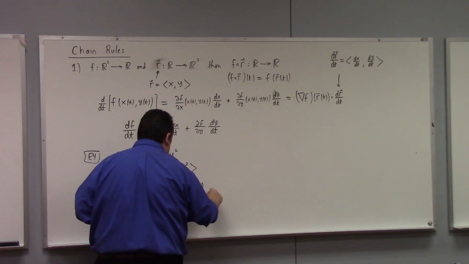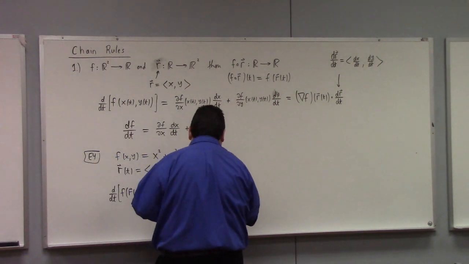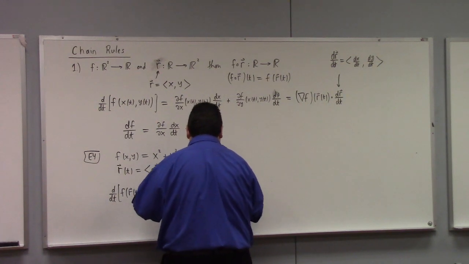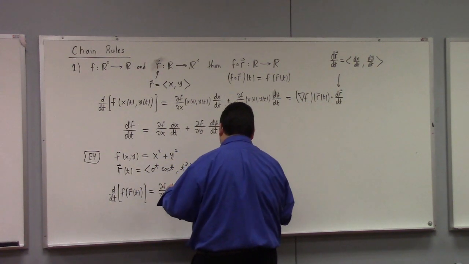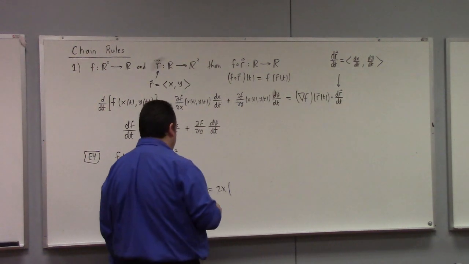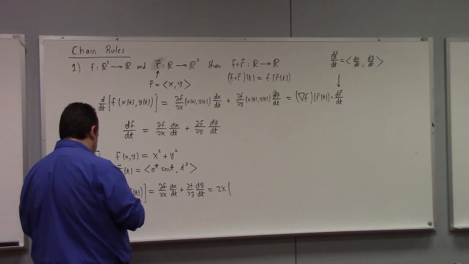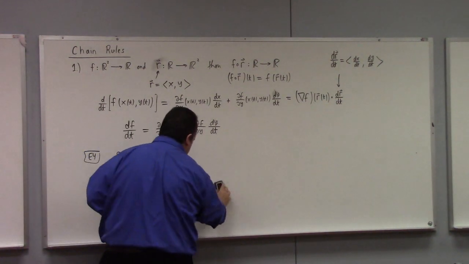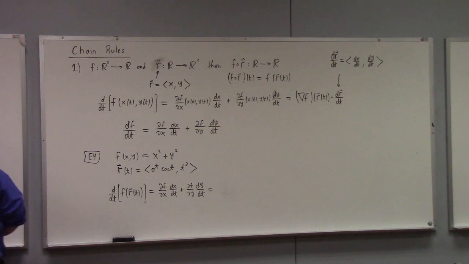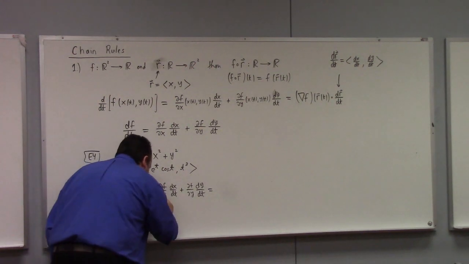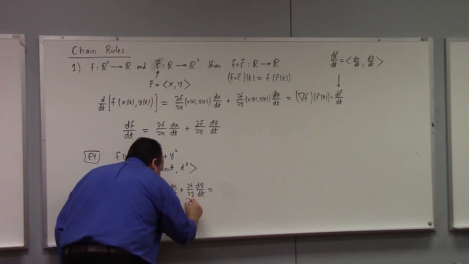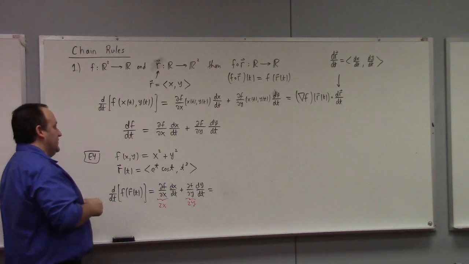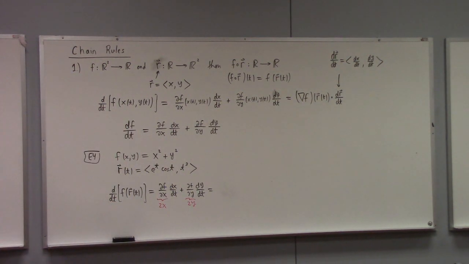Now what does that look like? Partial f partial x is 2x, and partial f partial y is 2y. Notice that the full-throated chain rule says you have to evaluate the gradient at the point you're composing the function with.